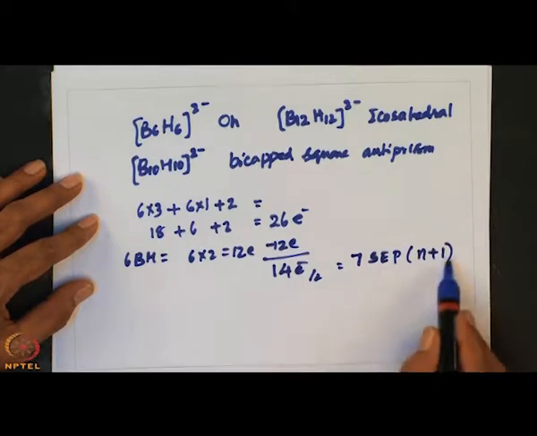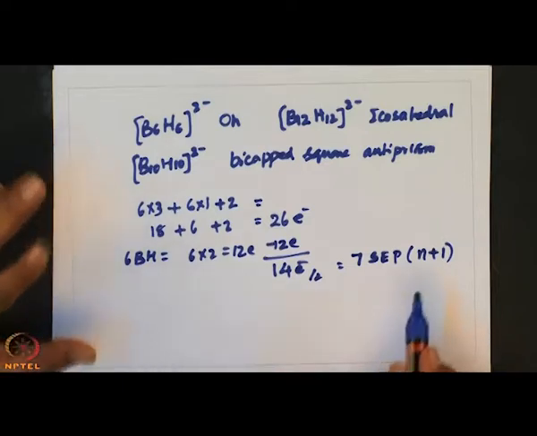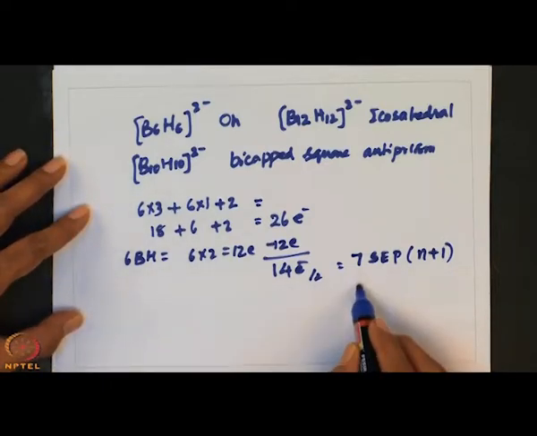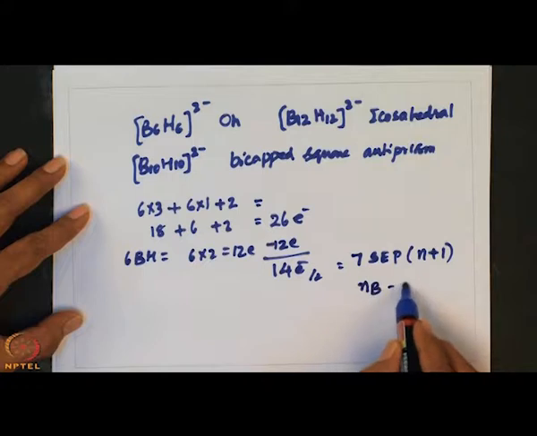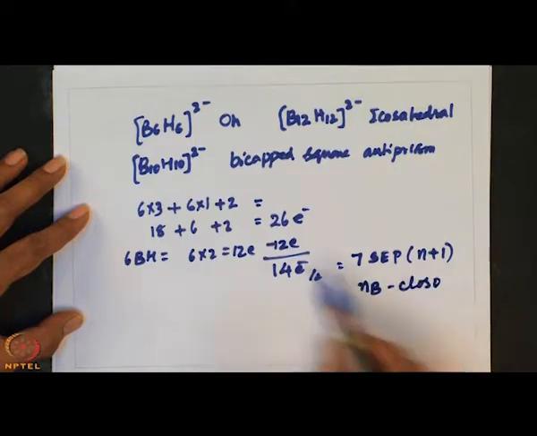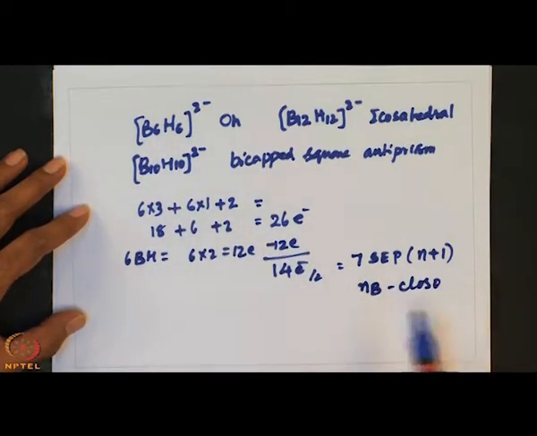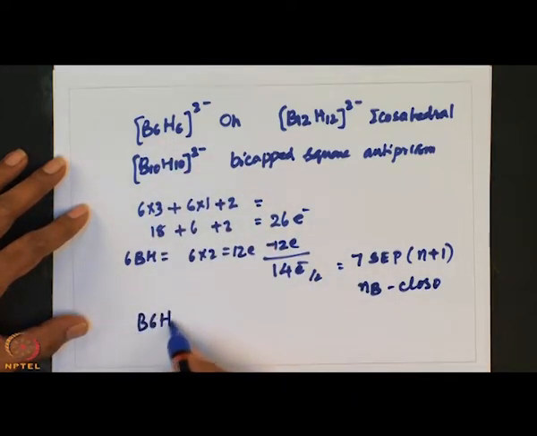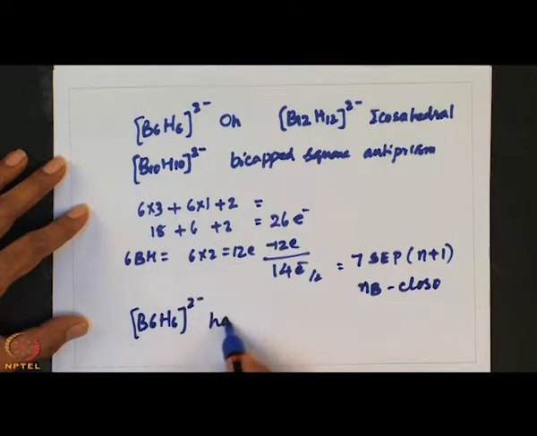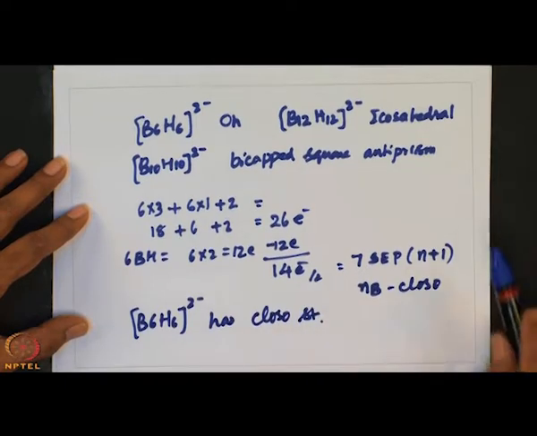If it is n plus 1, we should have n boron atoms. If you have n boron atoms, this is called closo. Since we have 6 boron atoms, B6H6 2 minus has a closo structure.